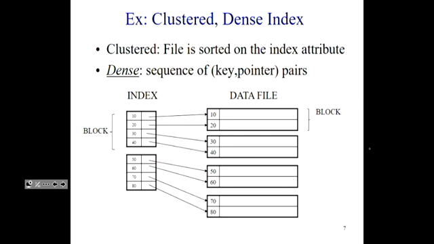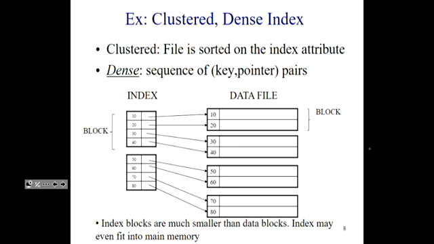Right. So this was a clustered dense index. Even though I did say that the blocks are the same size as the data blocks, there are much fewer index blocks as compared to data file blocks, right?